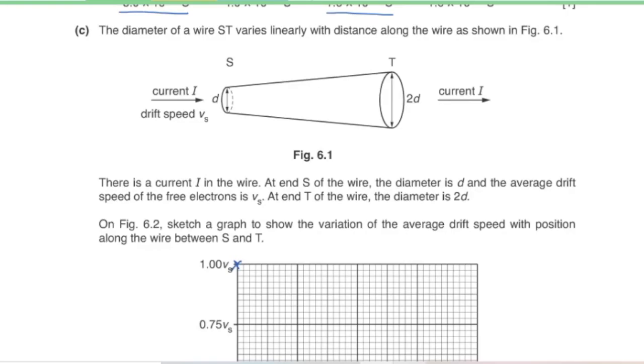So according to the formula, current is equal to NAVQ, where cross-sectional area is inversely proportional to average drift speed.